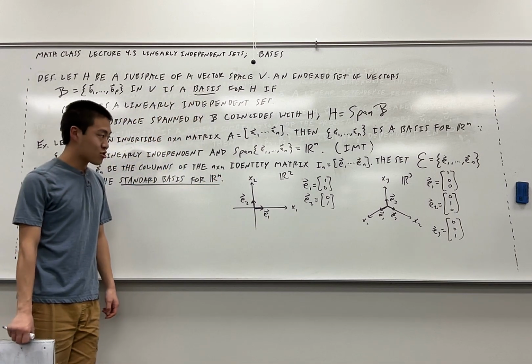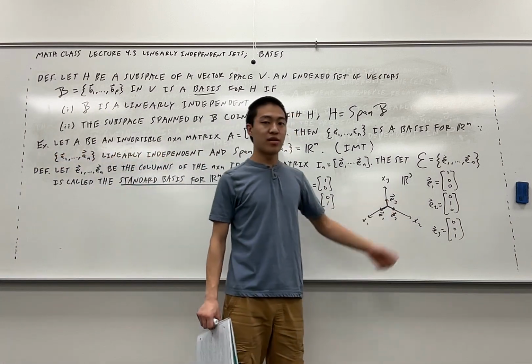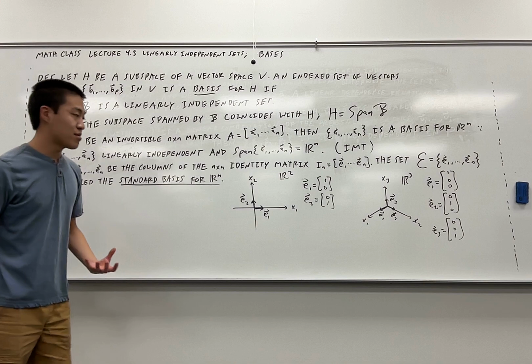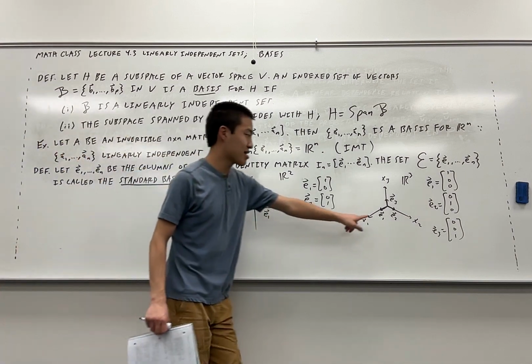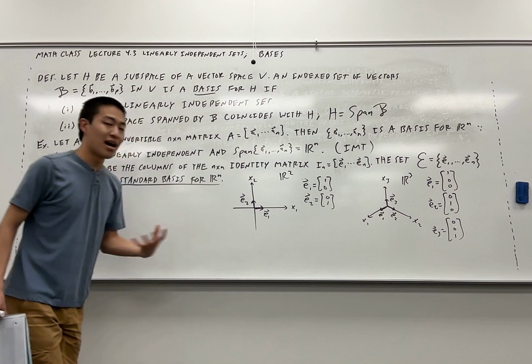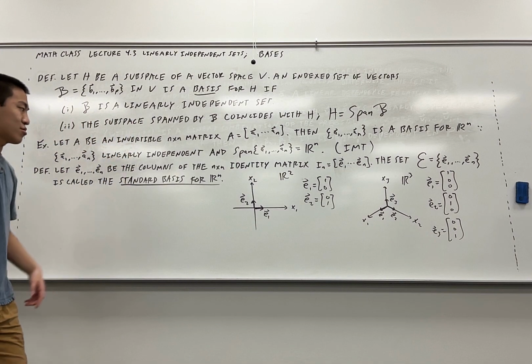So we're not constrained to the confines of a two-dimensional plane R2 or three-dimensional space R3. We could have this analogous concept of these unit vectors in higher and higher dimensions that we can no longer visualize. We call it the standard basis for Rn.